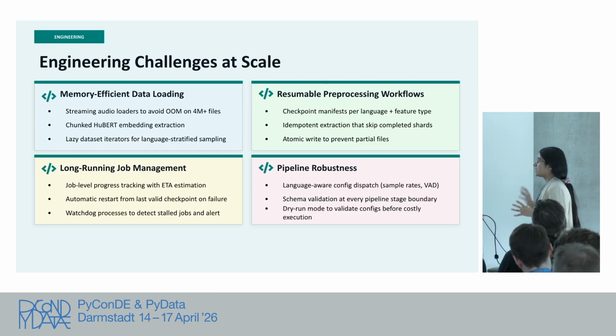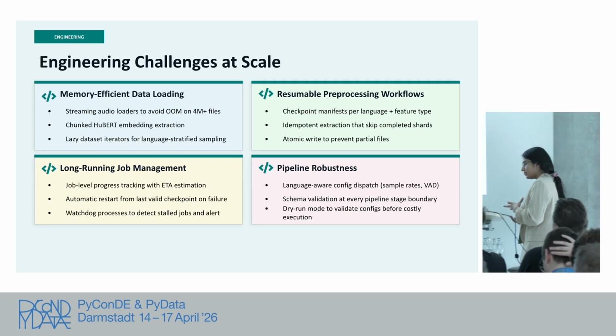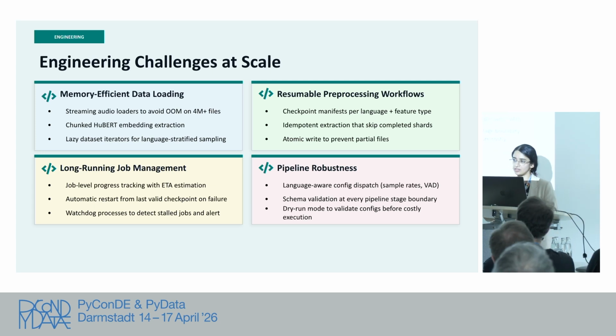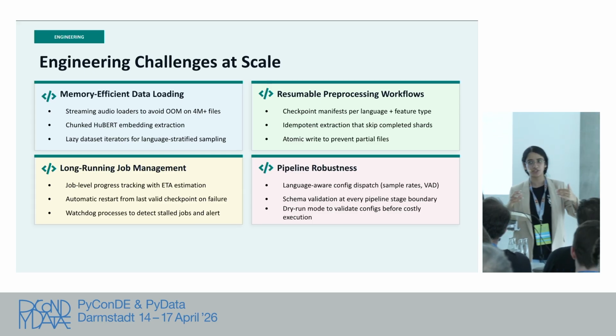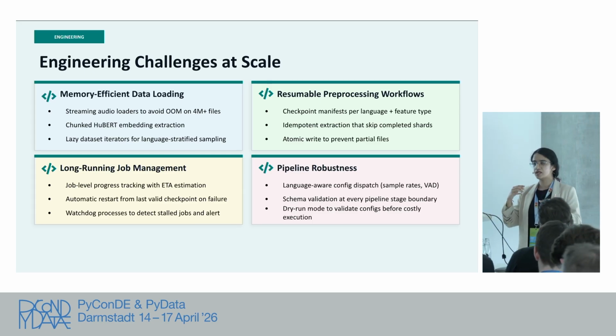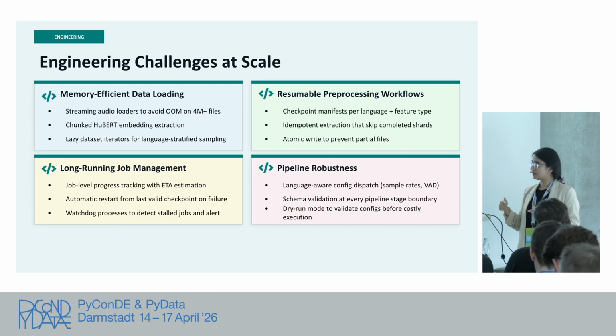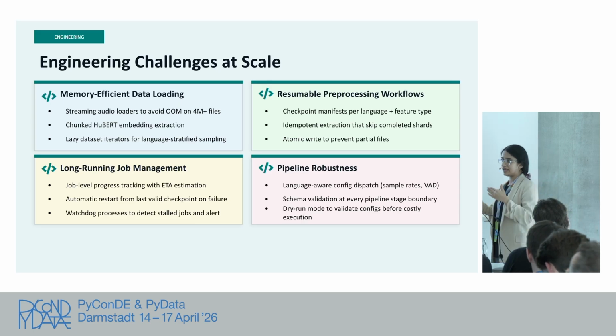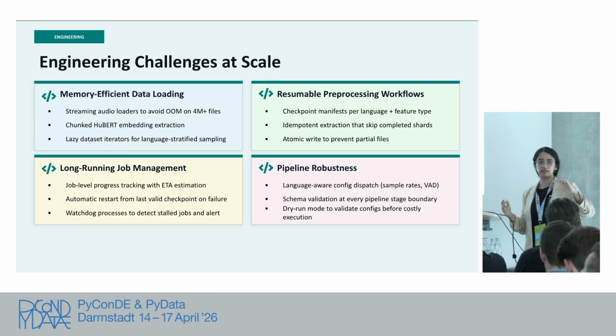The first one is memory efficient data loading. Once you have trained a model, you want to ensure that the model can be retrained from a certain checkpoint so that you don't have to train the model again and again. That's the data efficient loading. The second one is pre-processing workflows, making sure that every language has a specific data preprocessor, normalizer, and so on.